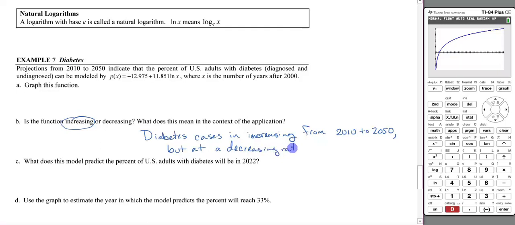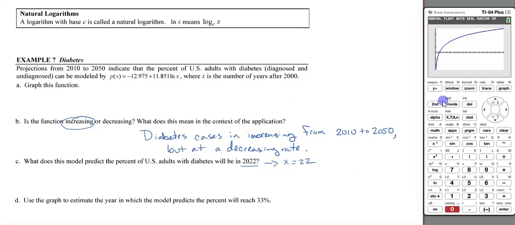Now, what does the model predict the percent of U.S. adults with diabetes will be in 2022? What is this number, 2022? It's a year, and x is the number of years after 2000, so that means x equals 22. So we could put 22 in for x here.